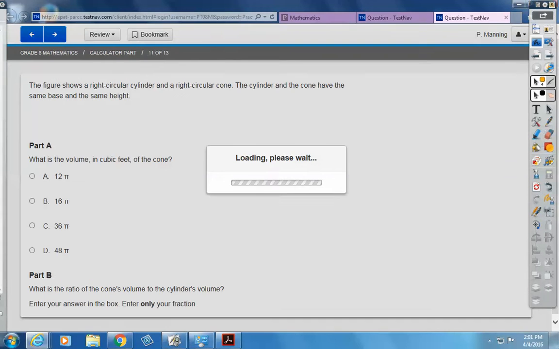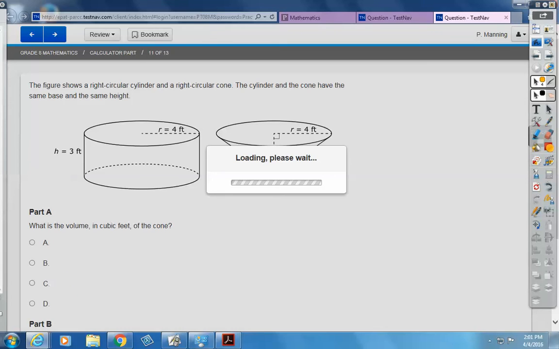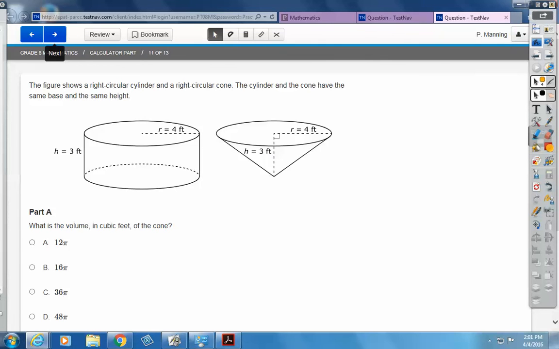Number 11. 2 parts. We love 2 parts. All right, the figure: I have a cylinder and a cone of the same height and radius. I know that the volume of a cylinder is the area of the base, which is pi r squared, times the height. And the volume of the cone is going to be 1/3 the volume of the cylinder.